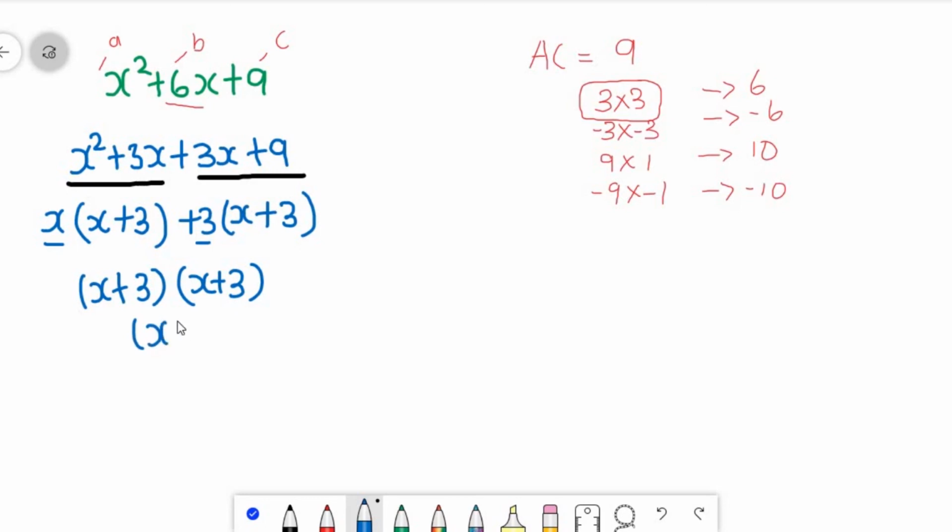So we could actually just rewrite this as x plus 3 all squared. So when we factorize x squared plus 6x plus 9, we get x plus 3 all squared, and this is called a perfect square.